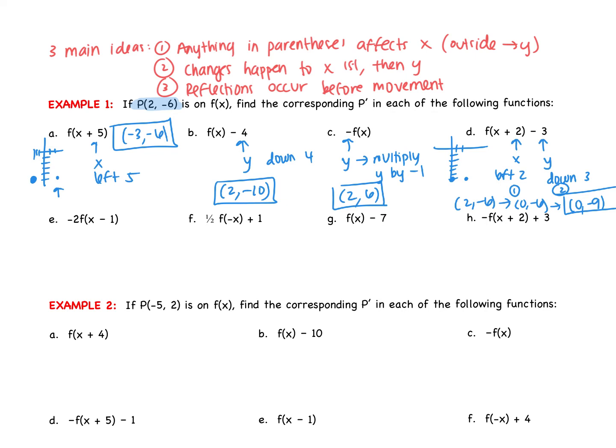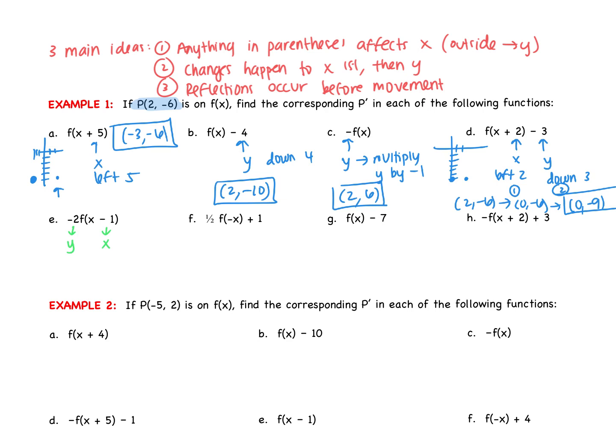Okay, continuing on. With the next 4, we're going to be looking at 2 different transformations. So again, I go through, does it affect x or y? What does it do? What order do I need to do it in? For E, this negative 2, affect x or y? Y, because it's outside. Negative 1 is going to affect x.